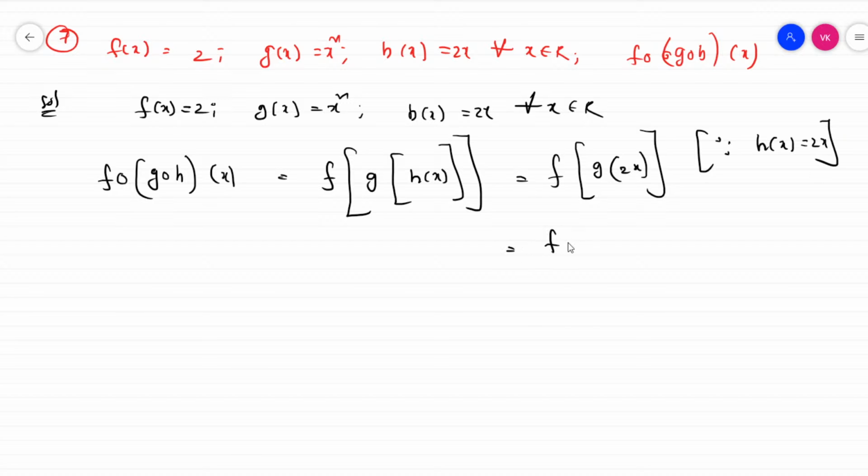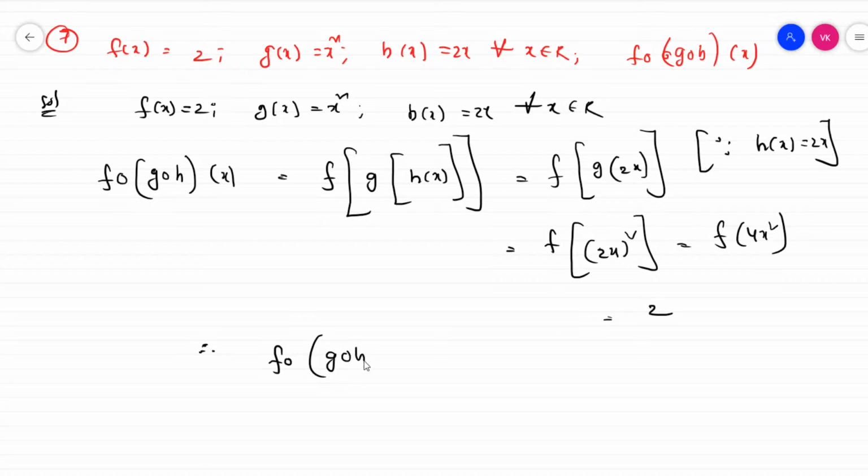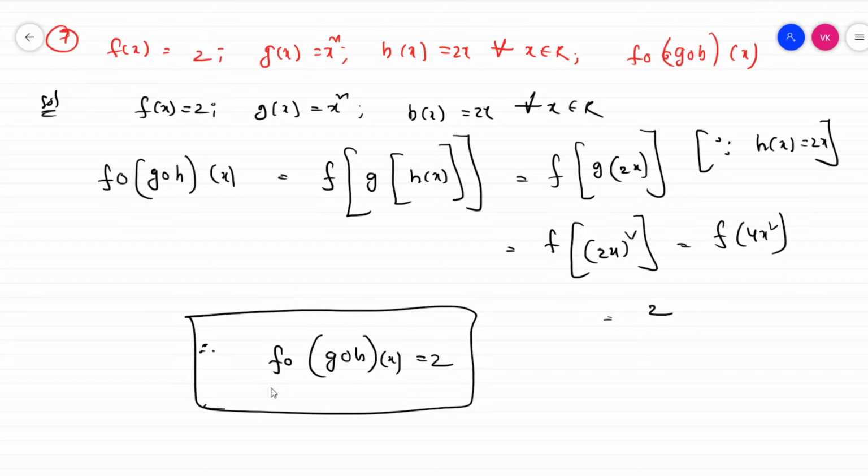Then g of x means x square, that means we can write (2x) whole square. Then we will get f of 4x square, but we know that f of x is equal to 2, so finally we can write simply 2. Therefore, f circle g circle h is equal to 2. That's the answer. So let's go for the eighth one.